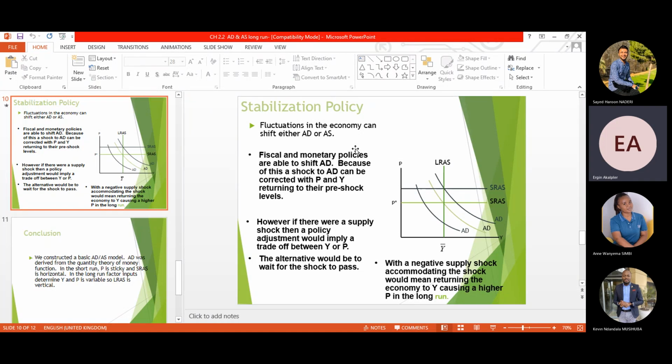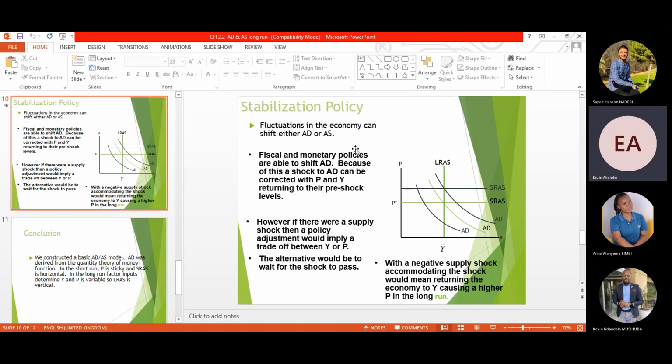The alternative would be to wait for the shock to pass, or with a negative supply shock, accommodating the shock would mean returning the economy to Y, causing a higher P in the long run, as I already mentioned.